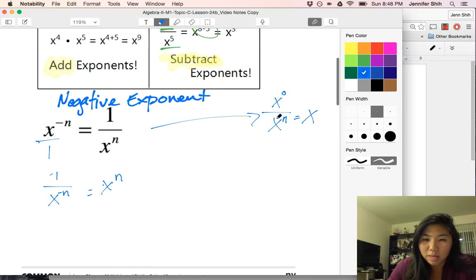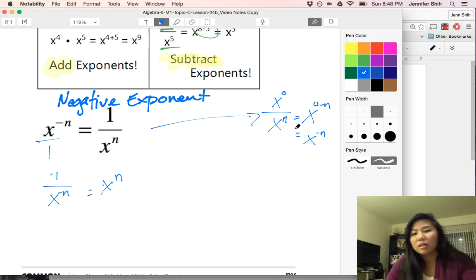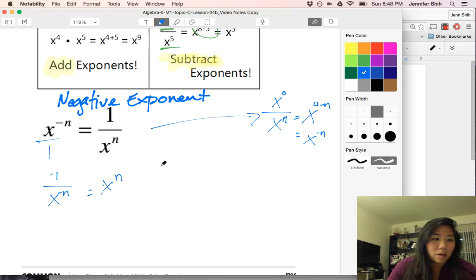Because they have the same base, x, you can subtract the exponents, which means now you're left with 0 minus n, or negative n. So if you're wondering why it moves to the numerator from the denominator, or to the denominator from the numerator, you can always think of it as a 0 power, and then you're subtracting using your exponent rules.